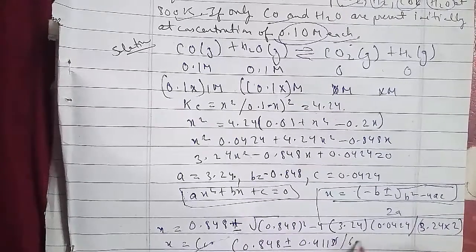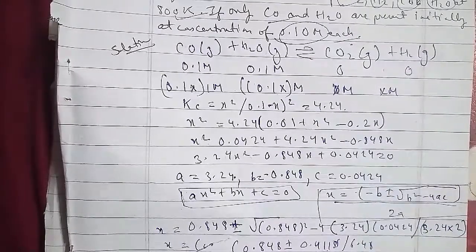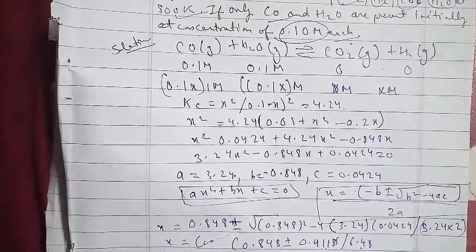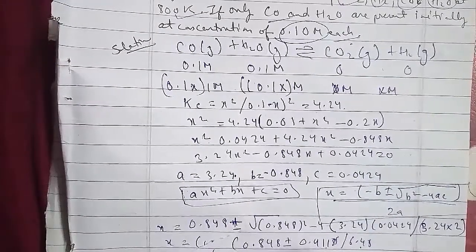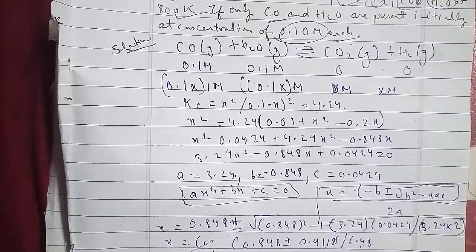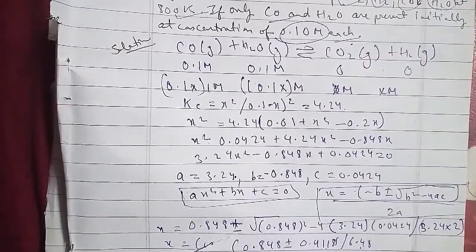So this is the second value. The value 0.194 should be neglected, because it would make the concentration of the reactant more than the initial concentration. So hence the equilibrium concentrations are, of the carbon dioxide, in the terms that we had discussed here.